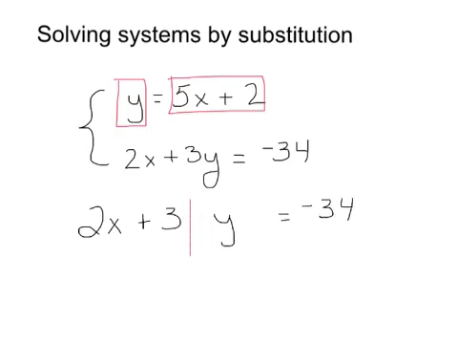But where this is equal to y, instead of writing a y, what I'm actually able to do is put what it's equal to, the fact that it's equal to 5x plus 2. This is what I mean by substituting. Instead of putting a y, I'm going to put what's equal to the y.